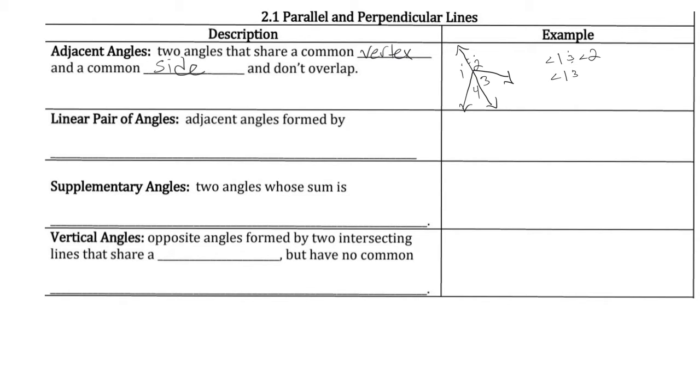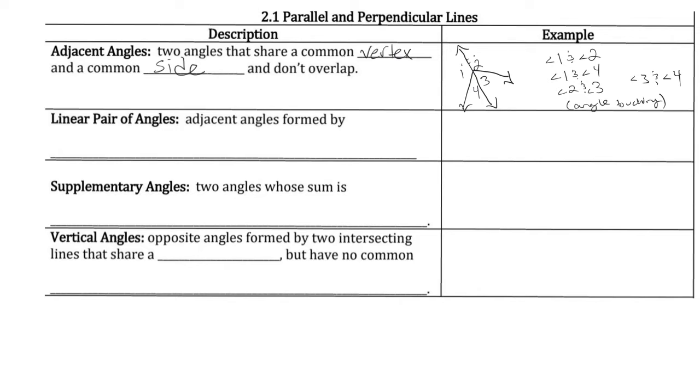Angle one and angle four, angle two and angle three, and angle three and angle four. So essentially, you can think of angles touching, which is like the opposite of vertical angles, because we know vertical angles are not touching. They don't have a shared side.